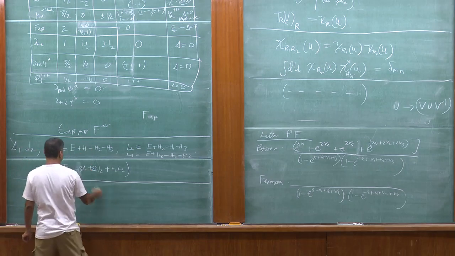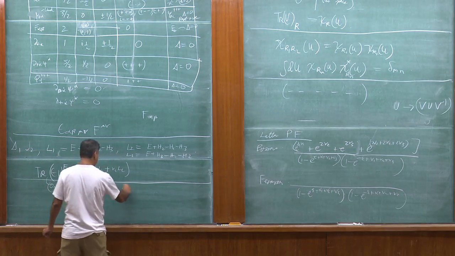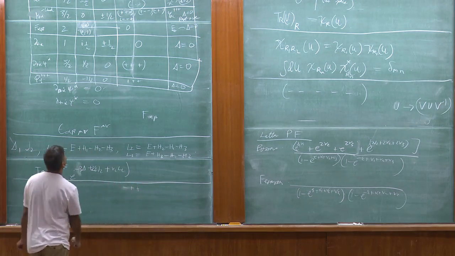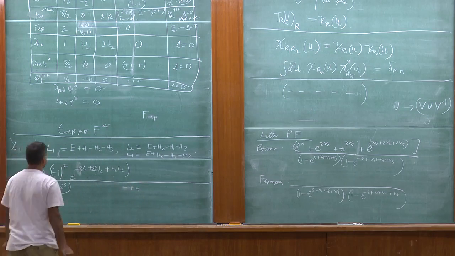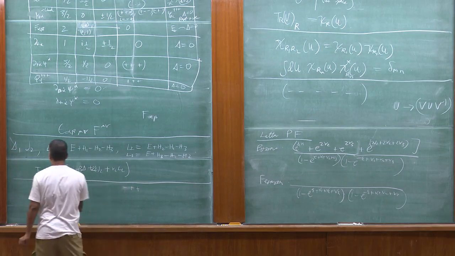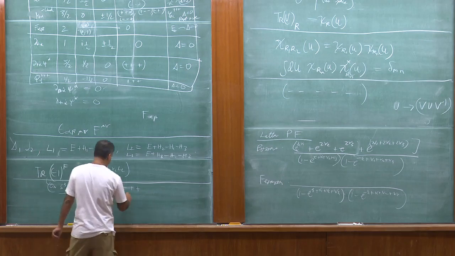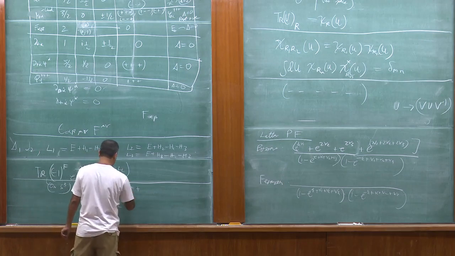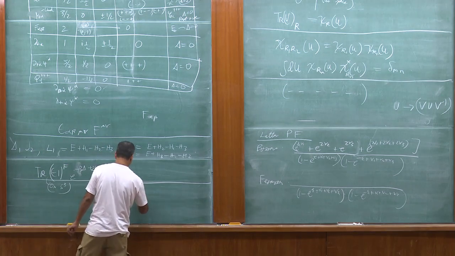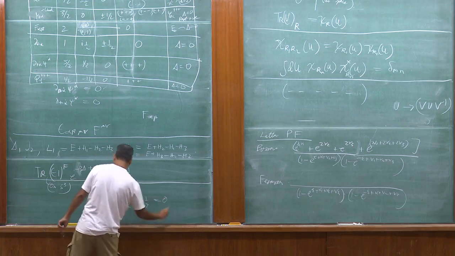Let's take the guy which was minus plus plus and compute its L1. So L1 was equal to 3 by 2 plus H1, so that's minus half, minus half minus half, which is equal to 0.